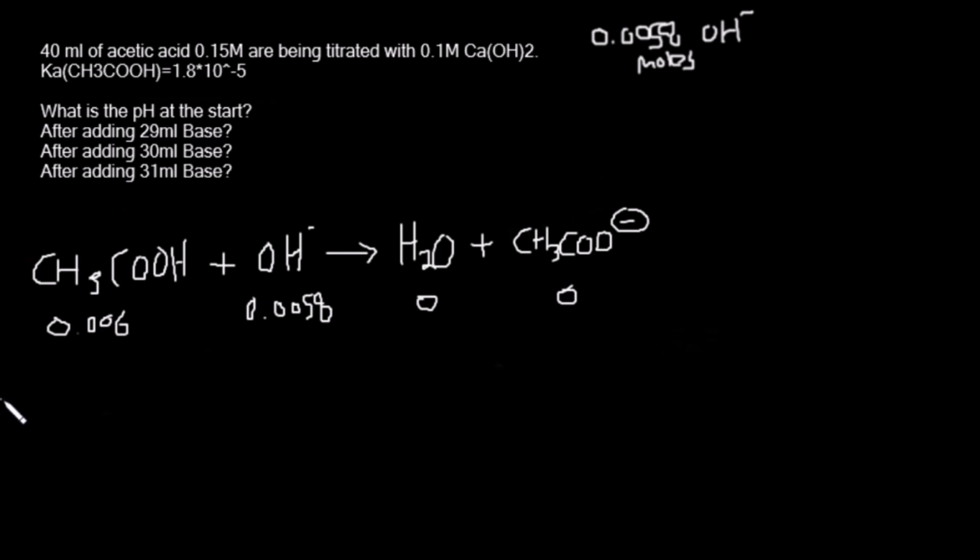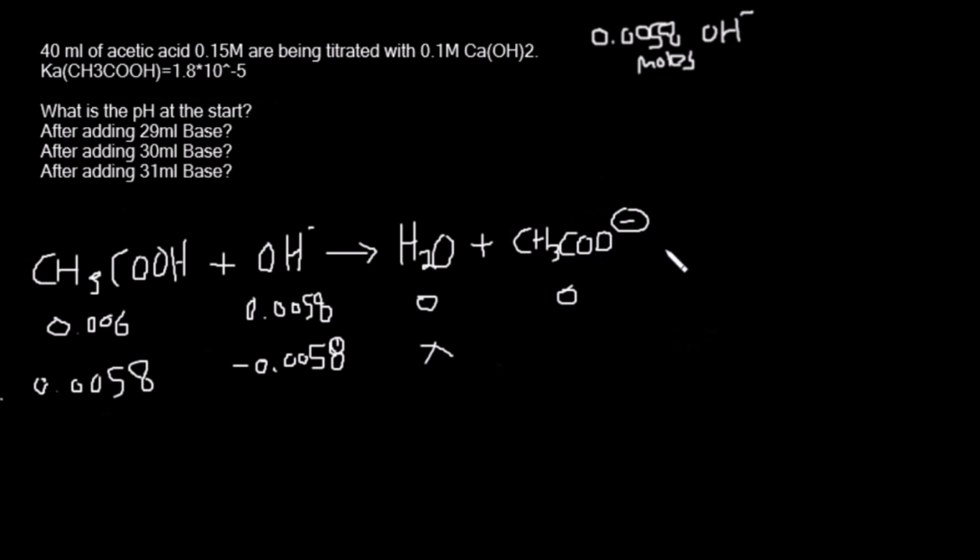So you're gonna subtract the fewer number of moles, so you're gonna get 0.00023. Here also the same thing, because it's all gonna react. The coefficients are all 1 here, and water doesn't matter.